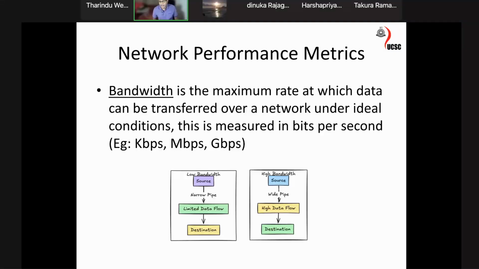Data centers mostly come with 10 gigabits per second, which requires higher bandwidth for server connectivity. And in the new data center developments, it's not 10 gig; mostly people are going for 25 gig per second.